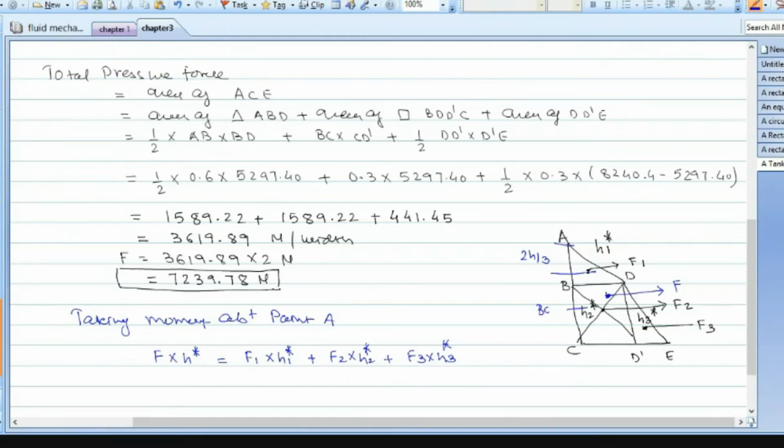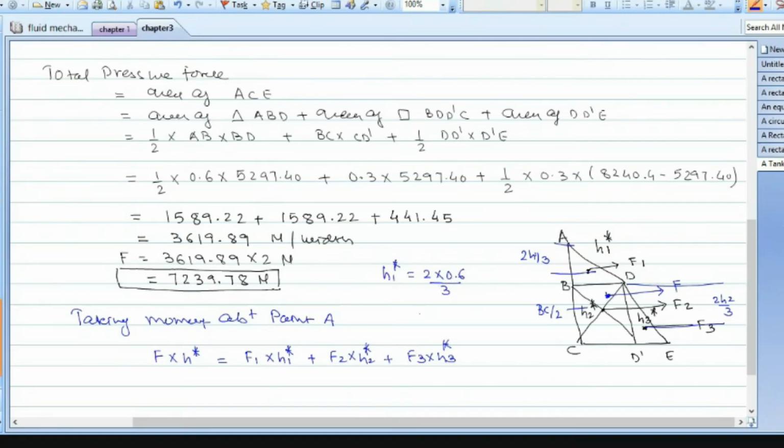From point D, this distance is 2H2 by 3. So H1 star becomes 2 into the total height, 0.6, divided by 3.